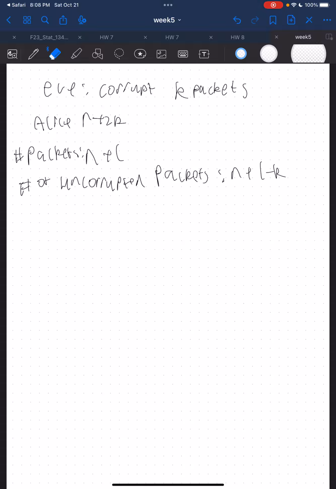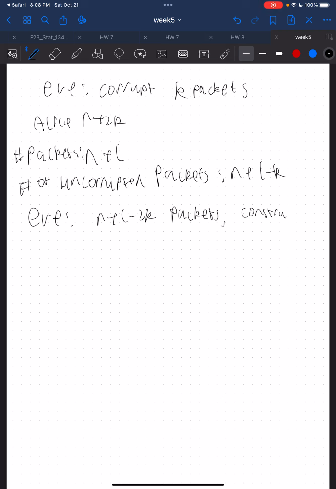So what Eve could do is take n plus L minus 2k of the correct packets, and then construct another polynomial Q that passes through these points.